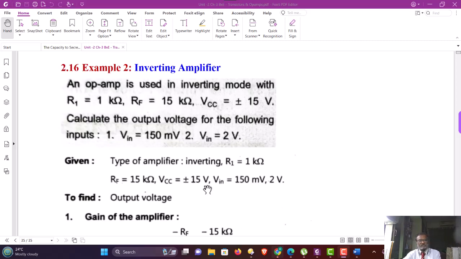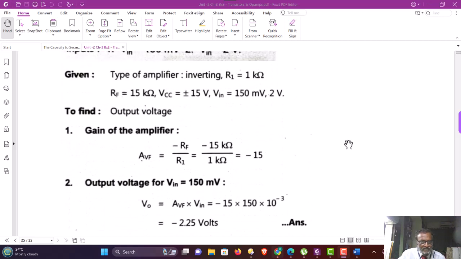Another example is on the inverting amplifier. The resistance values are given: R1 is 1K, RF is 15K, supply voltage plus or minus 15 volt. Vin is 150 millivolt and the second value of Vin is 2 volt, and you have to calculate the output voltage for these two different inputs. A similar problem we have seen for the non-inverting amplifier.